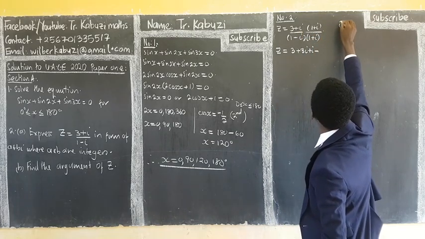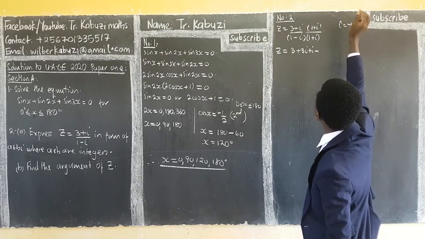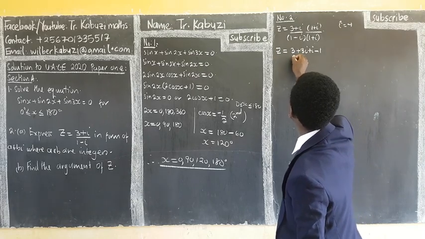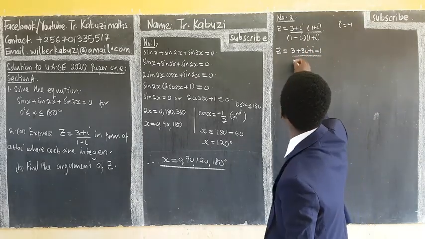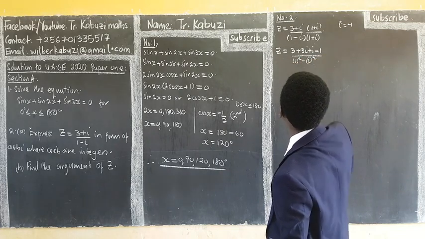Remember, our i squared is negative 1. So multiply this and this, that's why I have negative 1 over this and this. There is a difference of 2 squares. We have 1 squared minus i squared.